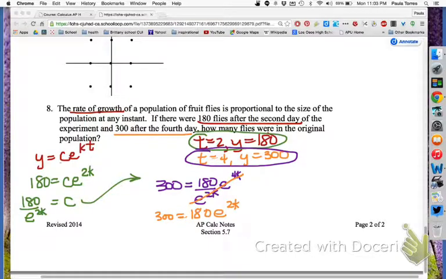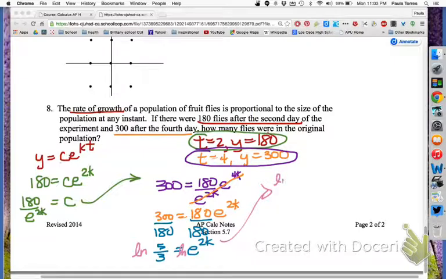And so now I want to isolate the k. So first I'll get rid of the 180. So I have e to the 2k equals 5/3. And then if I want to get the k down out of the exponent, I'll have to take the natural log.